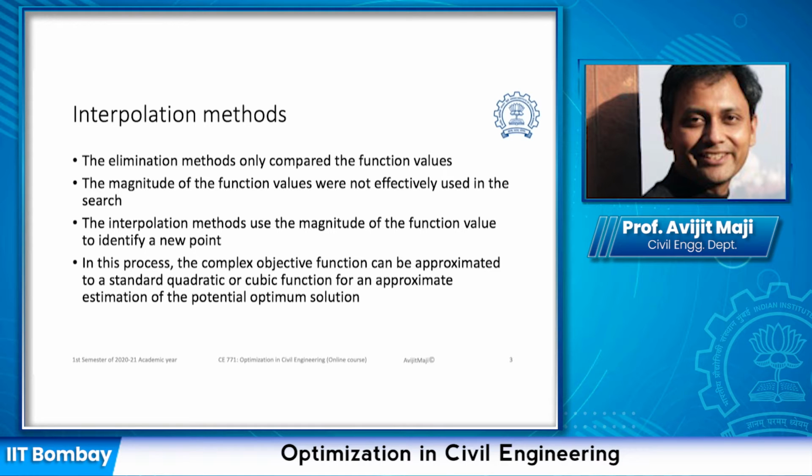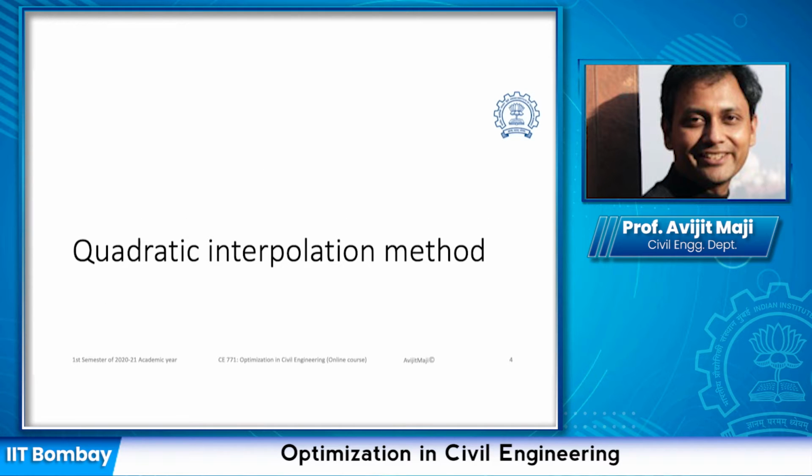And in today's discussion, we are going to discuss 2 methods where we are going to approximate the given objective function as a standard quadratic or cubic function to solve the optimization problem and reach closer to the optimum solution. So first we are going to discuss about the quadratic interpolation method.